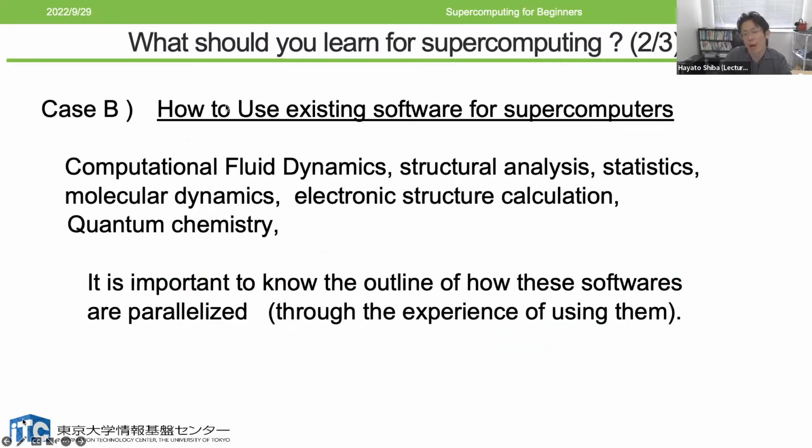Second case, we may think of how to use existing software for supercomputers. Either open source or sometimes purchased software, but there exist such kinds of software which is highly parallelized for supercomputers, typically in the fields of computational fluid dynamics, structural analysis, statistics, molecular dynamics, or in physics, electronic structure calculations, or quantum chemistry.